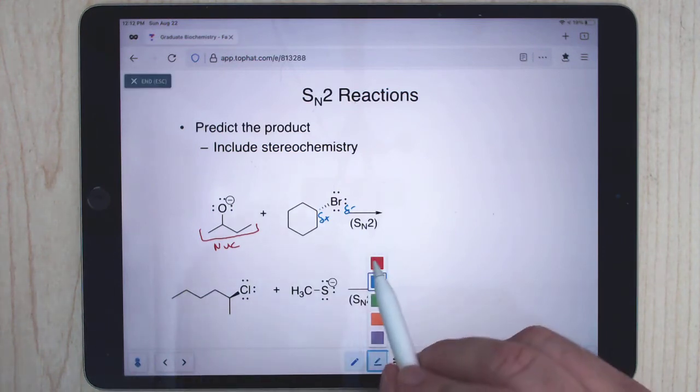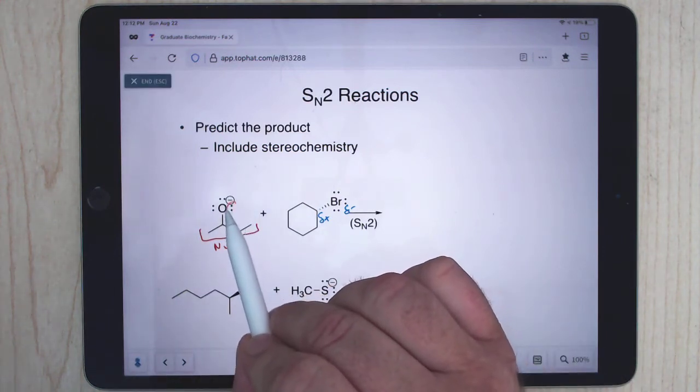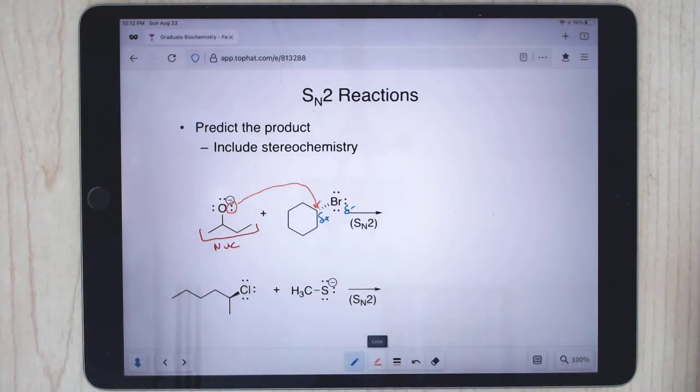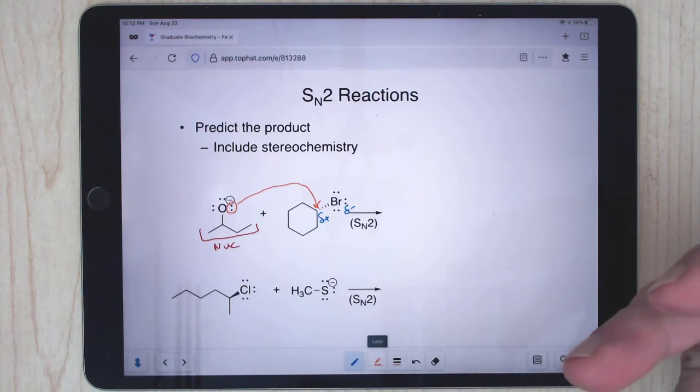So one of these lone pairs is going to get attracted to that carbon, because that's where the positive charge is. But it's going to come in from the top, because the bromine is pointed away from you.